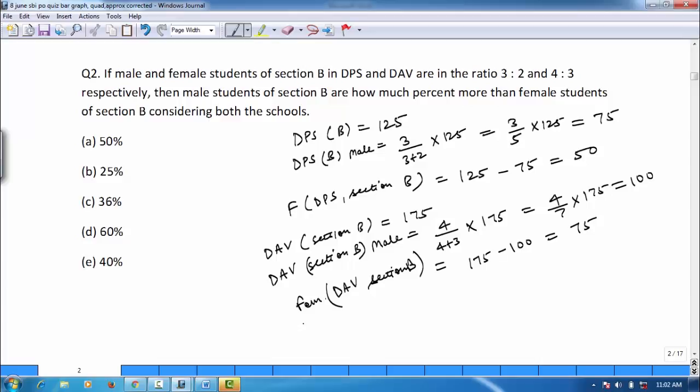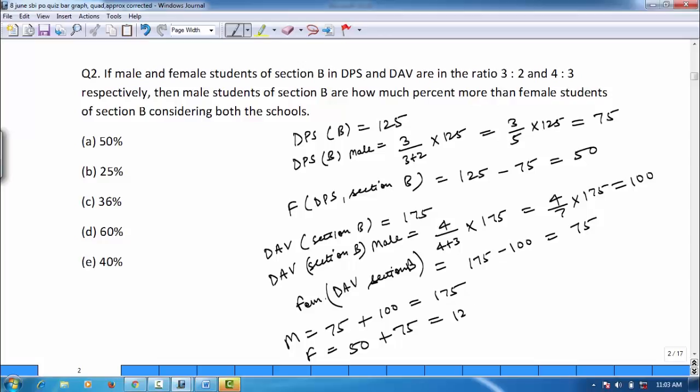So the total males in section B, when we consider both the schools, 75, that is the number of males in DPS, plus 100, that is the number of males in DAV school. That will be equal to 175. And total number of females will be equal to 50, that is in DPS, plus 75, that is the number of females in DAV school.